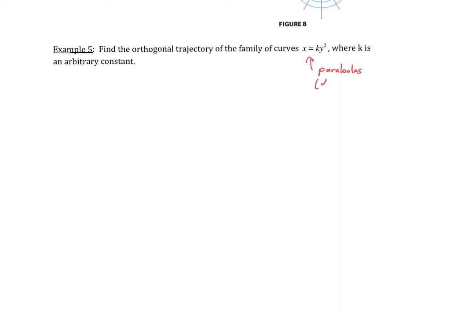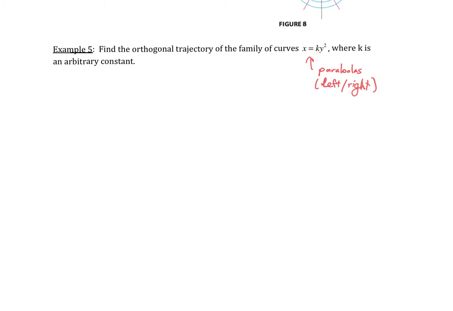These are like left-right parabolas. Normally your parabola is something like y equals x squared. This time it's reversed: x equals y squared. And this k is going to give us different curves.